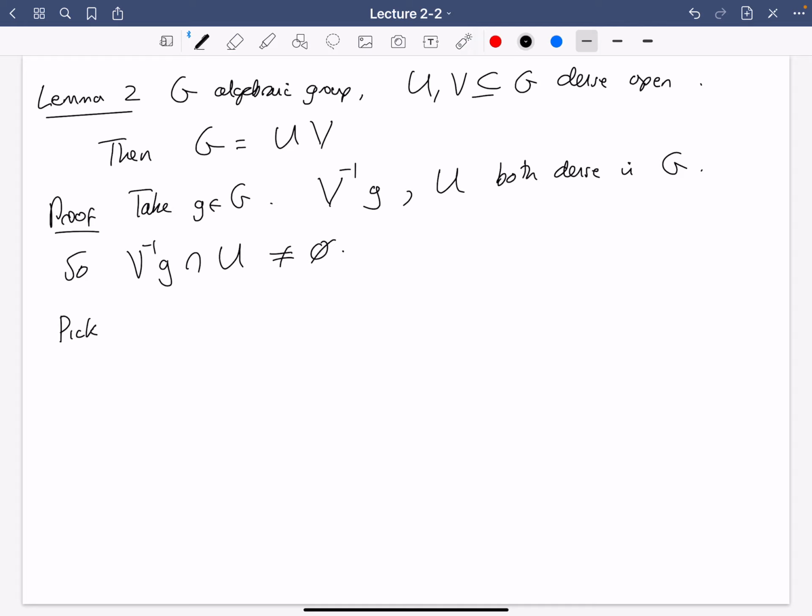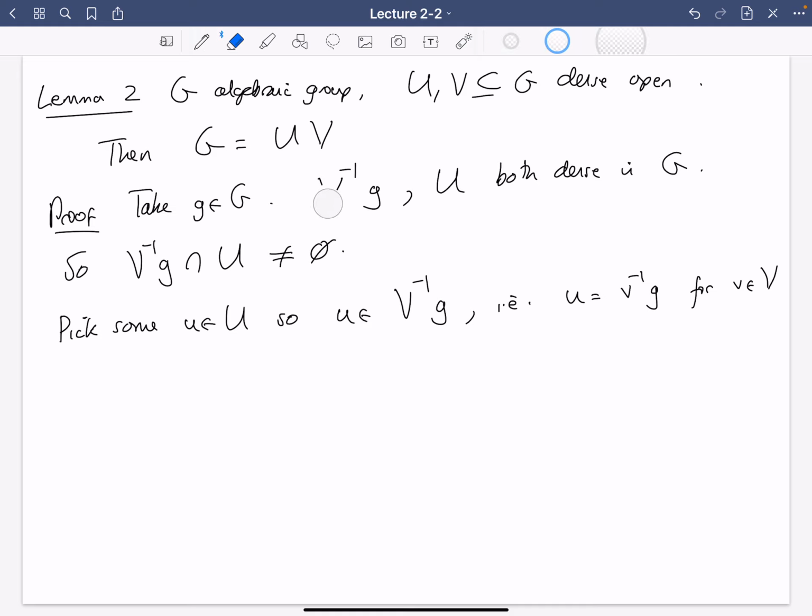So I can pick some u in U so that u also lies in V inverse g, which means what? That means that this little u is a little v inverse g, and I always get this the wrong way around. Let me switch U and V around. Apologize for that.